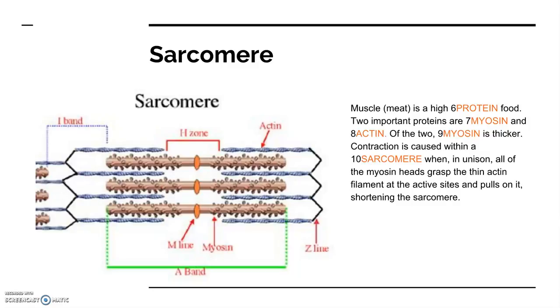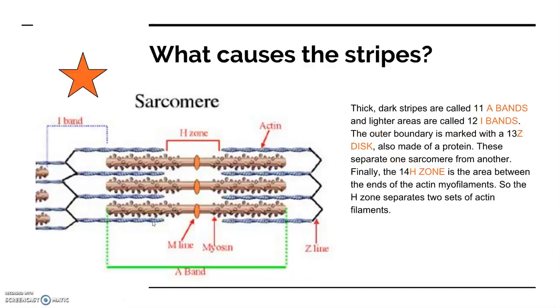Contraction is caused within a sarcomere, which is 1 unit, when in unison all of these myosin heads grasp the thin active actin filament, that's these blue in the picture, and they pull on it, shortening the sarcomere. So if you look here, you see these little projections, these little knobs that come out of the myosin. They grab the actin, and all in unison they'll pull at the same time.